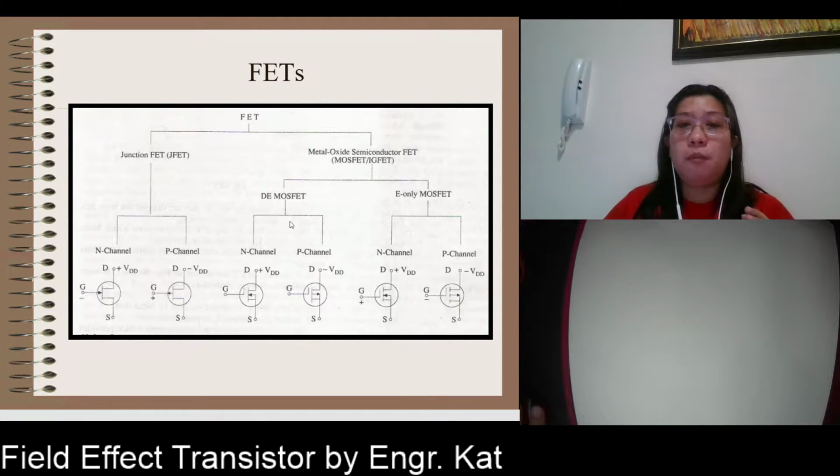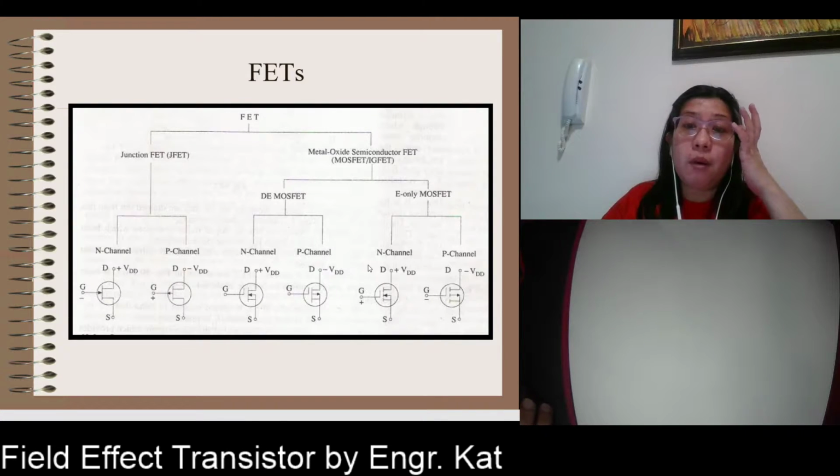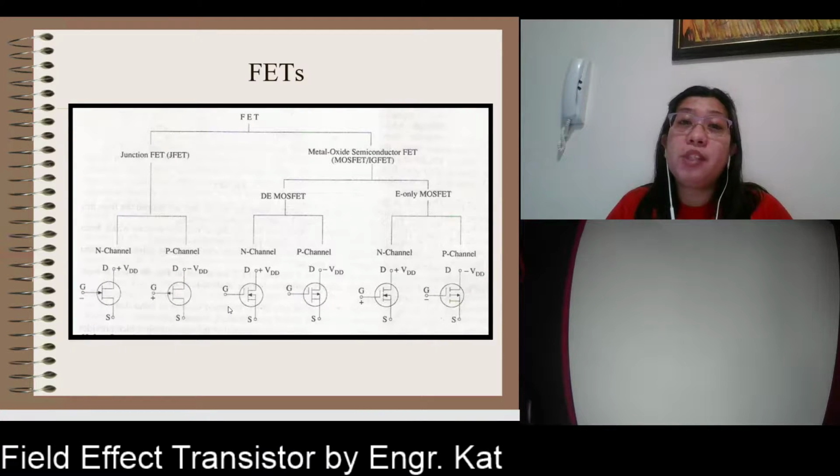Under the D MOSFET, we have two more types: the N channel and the P channel D MOSFET. Also for the E MOSFET, we have the N channel and the P channel. As you can see, the difference between the JFET and the MOSFET is that the gate is separated.